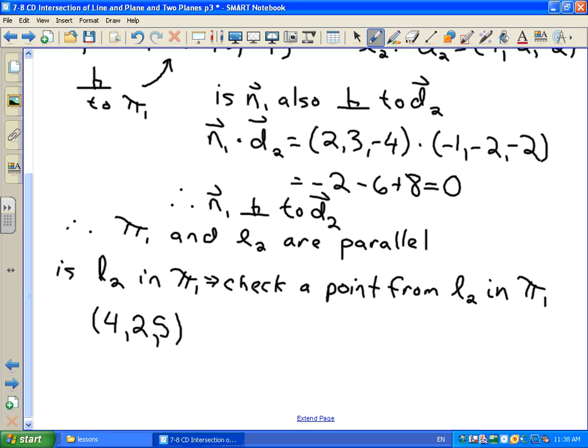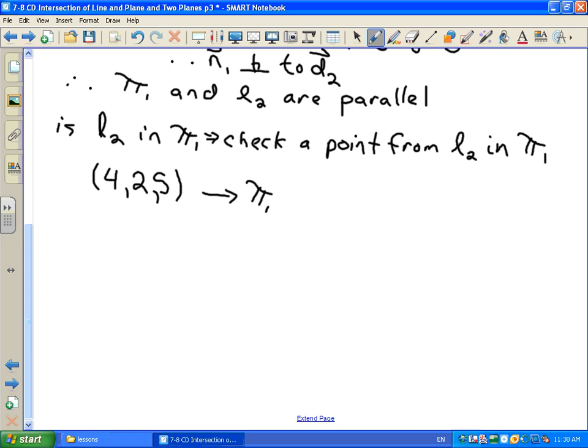And we're going to check it by subbing it into that scalar equation, or that Cartesian equation that we have for plane 1. So what do we get when we do this? Let's just do a left side, right side check here. So our left side is going to be 2 times 4 plus 3 times 2 minus 4 times 5, and we can work out what this is.